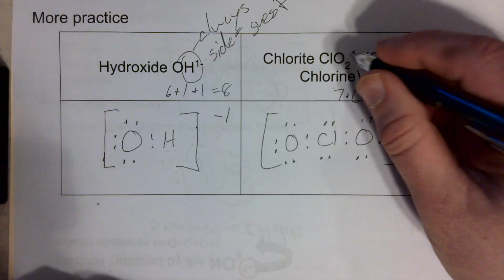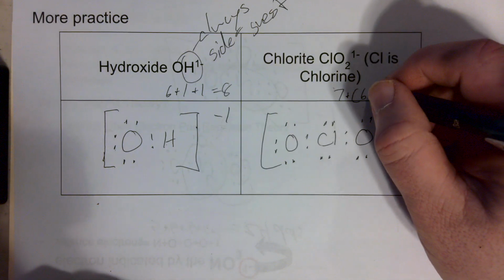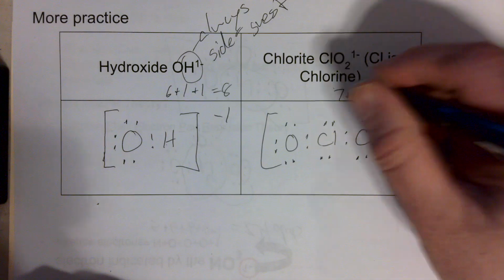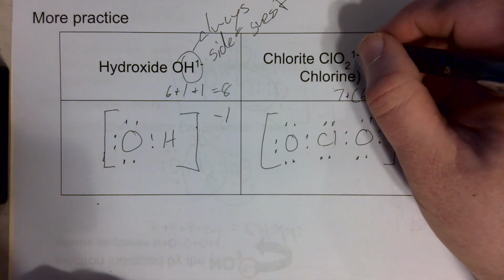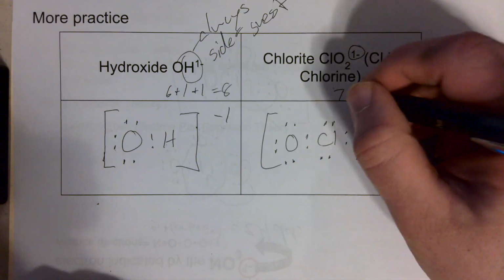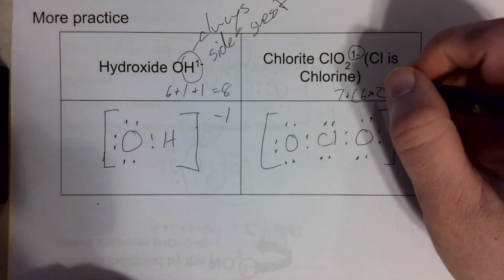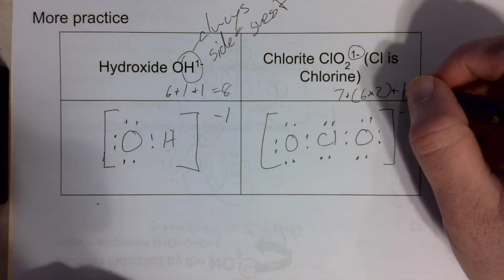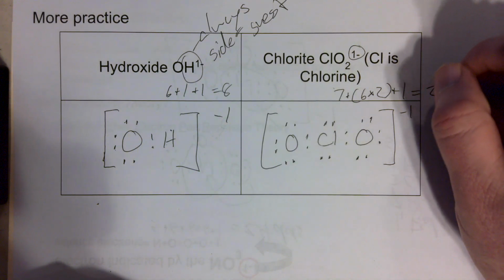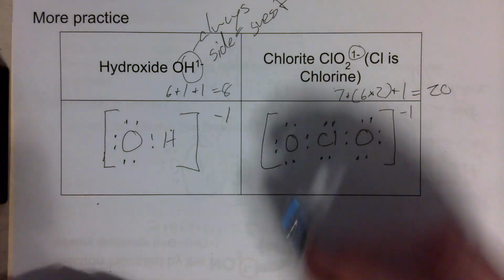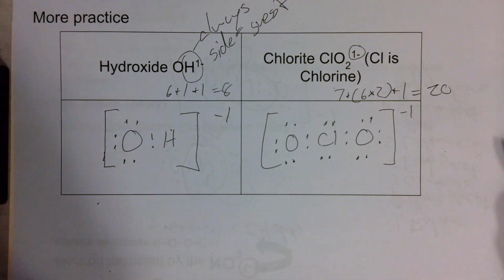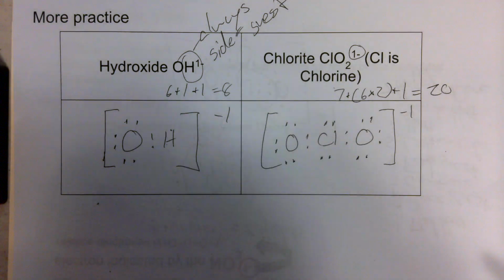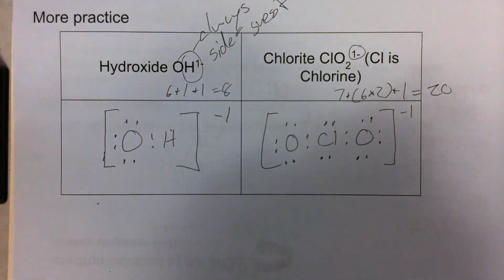Oxygens have 6 valence electrons, so we times that by 2, so writing 6 plus 6. And then it has that 1 there, so plus 1, so 12, 13, 20 dots that we're working with, and we can go ahead and go back and count our dots to make sure we have all the dots that we needed.